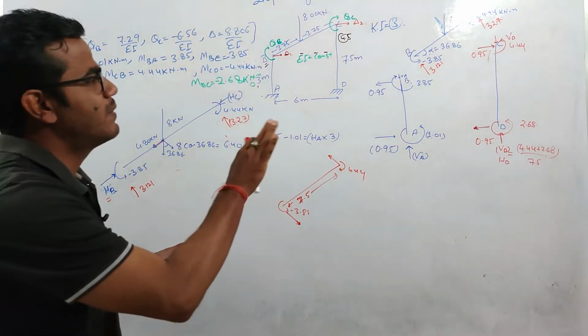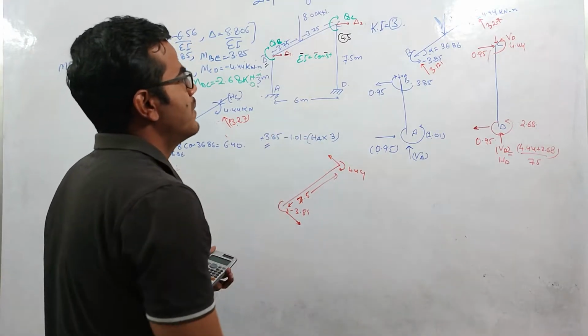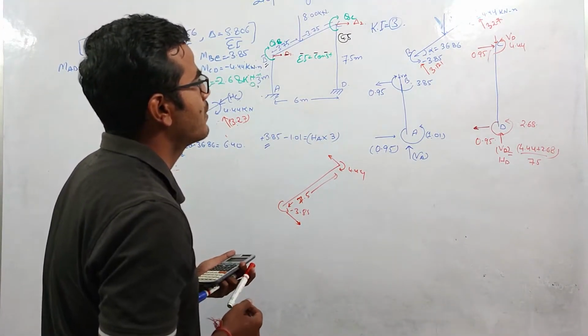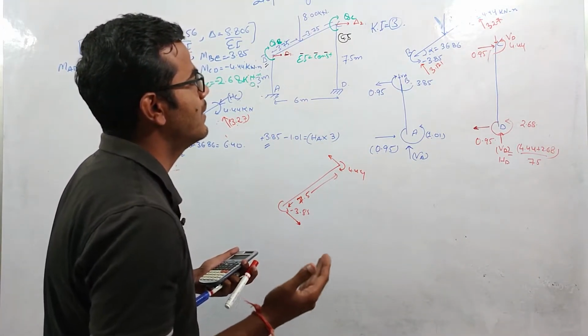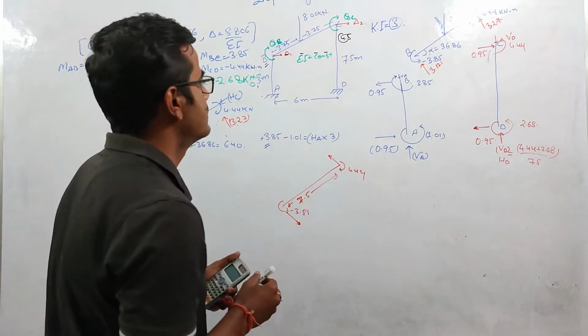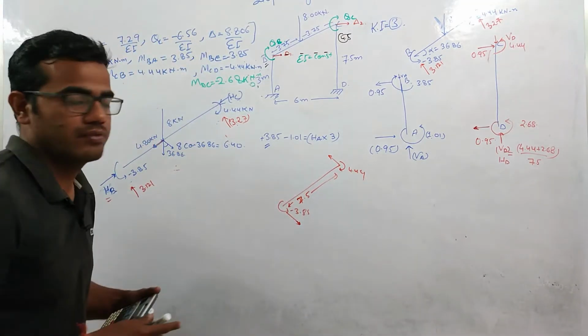With the help of this free body diagram, we can easily draw the bending moment diagram and the shear force diagram. Because for shear force and bending moment diagrams, the forces are sufficient. But we need to find the axial forces also.